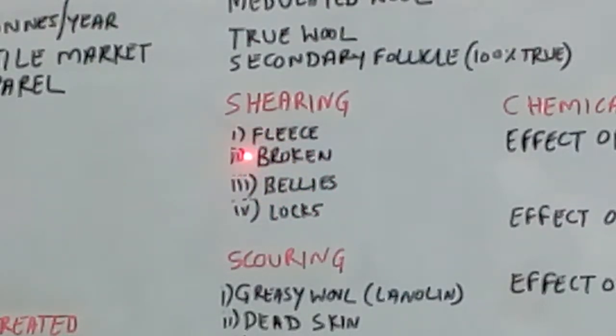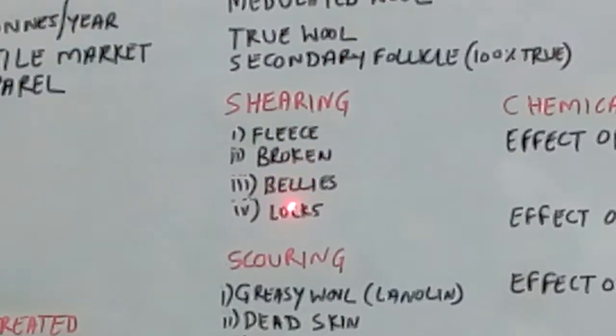In this, the first category, fleece, is the category of fibers that are spinnable and usable, and taken for clothing or garmenting in the next process. Broken means some fibers are broken while shearing, or at the time of growing, environmentally, or accidentally.